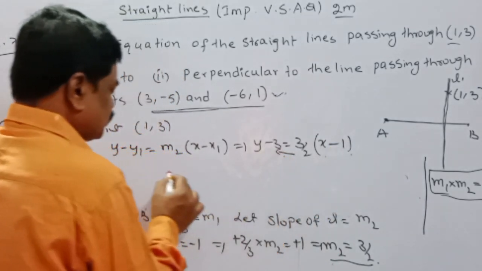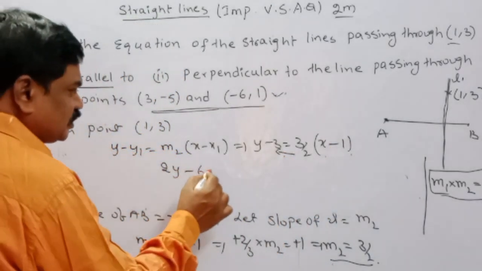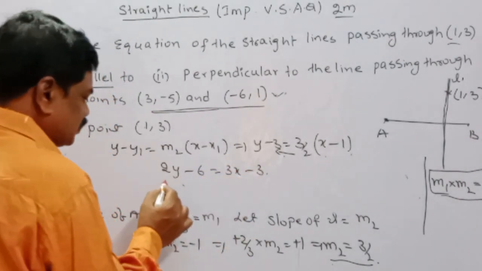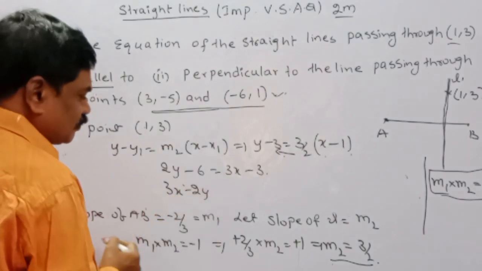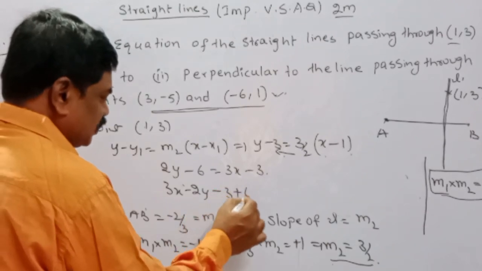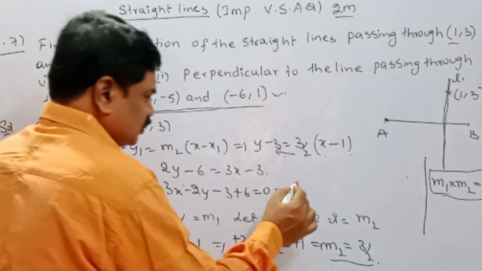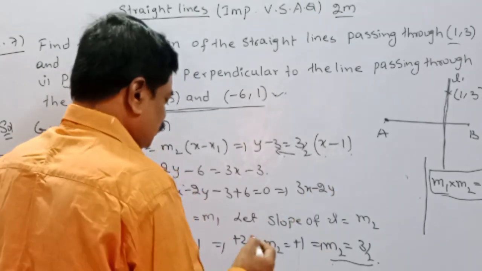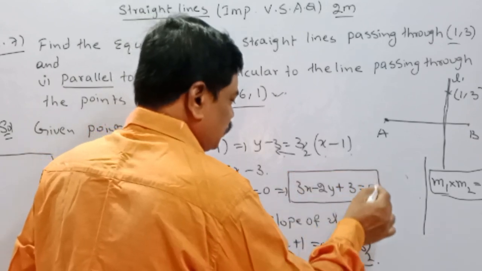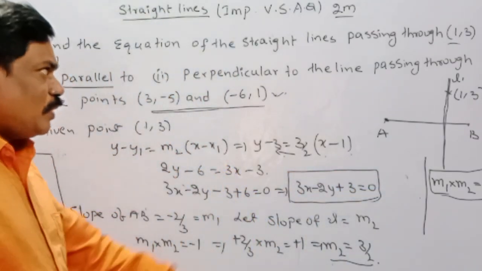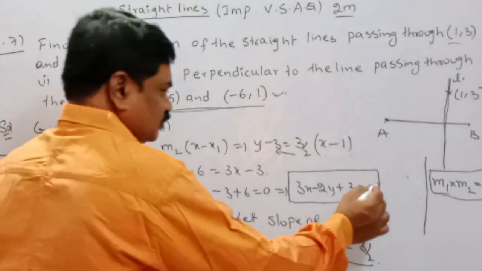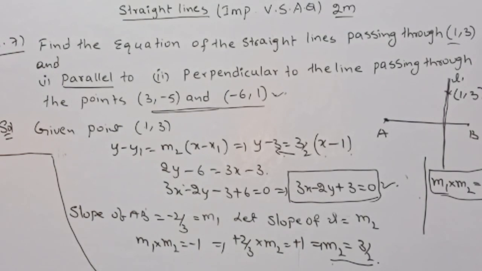By cross multiplication, 2y minus 6 equals 3x minus 3. Taking everything to one side, 3x minus 2y minus 3 plus 6 equals 0, so 3x minus 2y plus 3 equals 0 is the required perpendicular line equation passing through the point (1, 3).